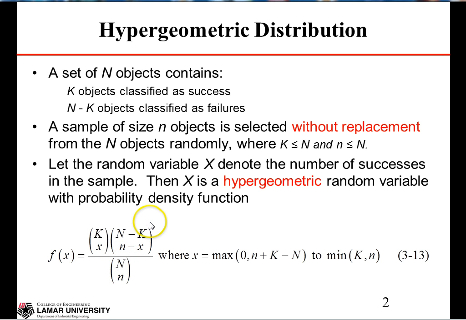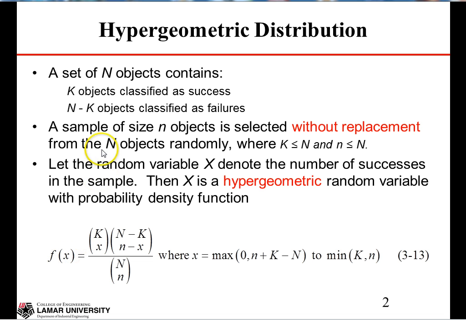If you recall, in the first exam we had a problem asking for the probability of selecting a certain number of defective items. This is exactly the generalized formula for any x that's possible.